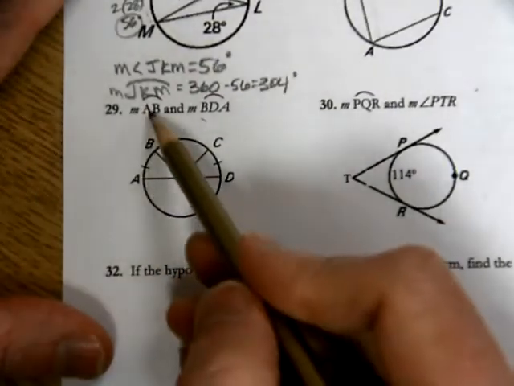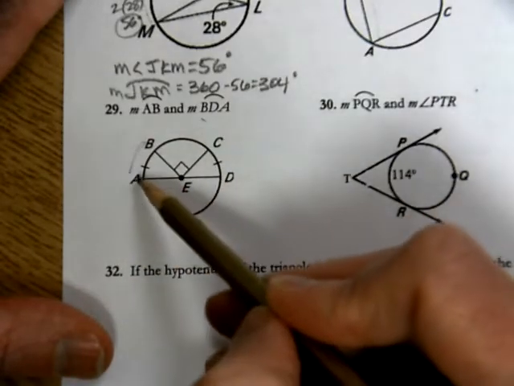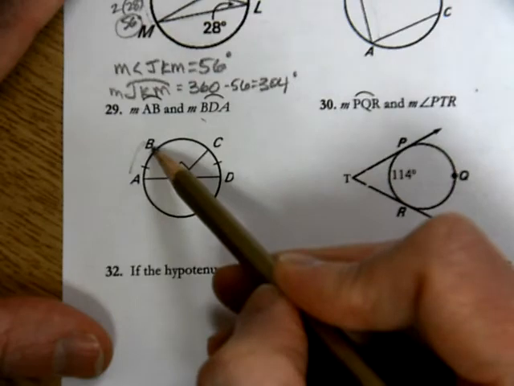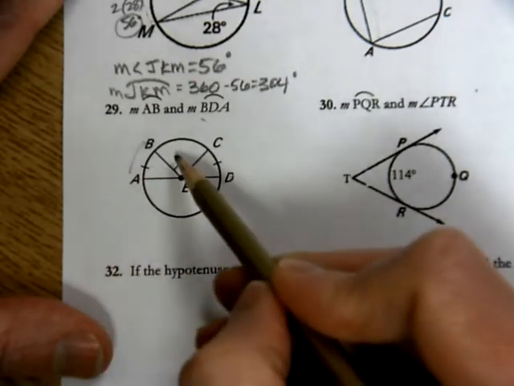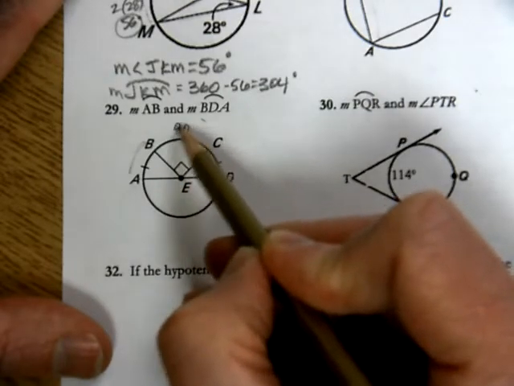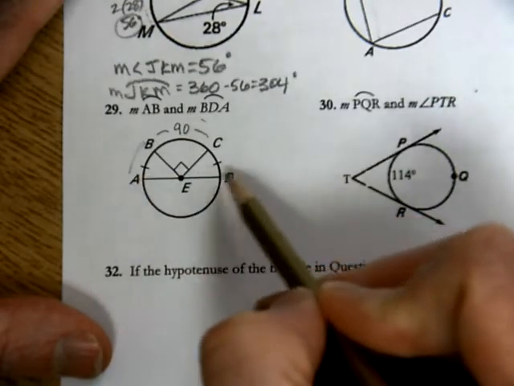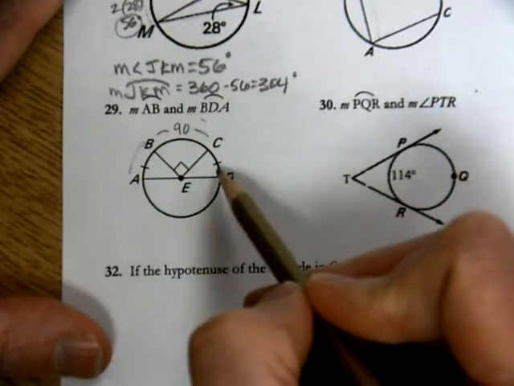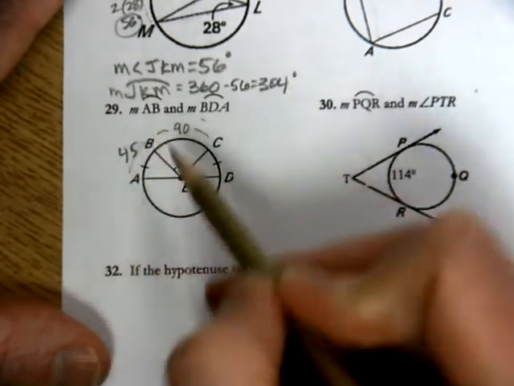Here we're looking for the small arc AB, and we're looking for the big arc BDA, everything but that. Well, this is 90. We know that this is a diameter, so it's 180 total. So these have to be 90 together, so this has to be 45.